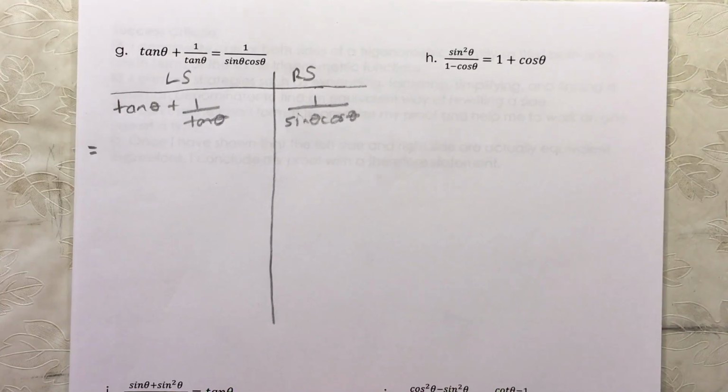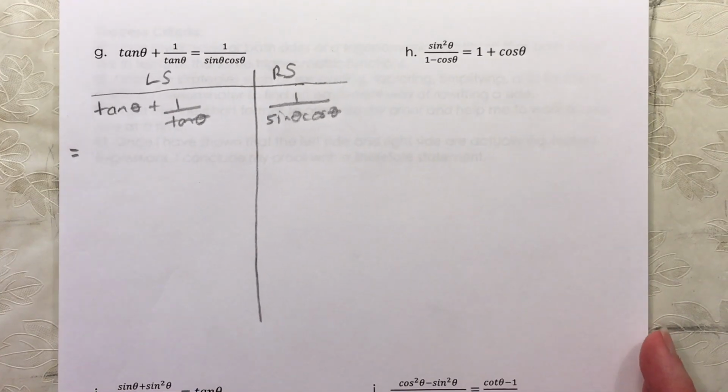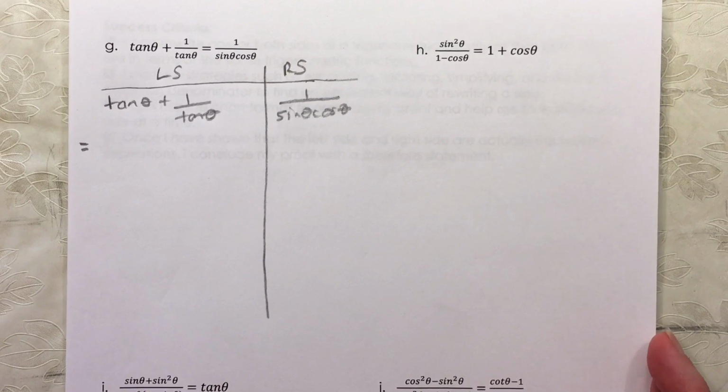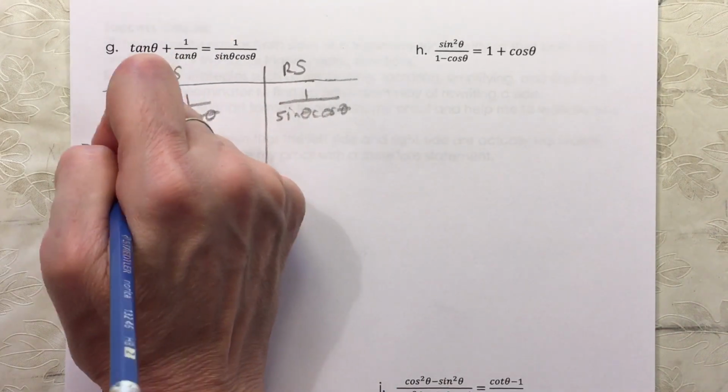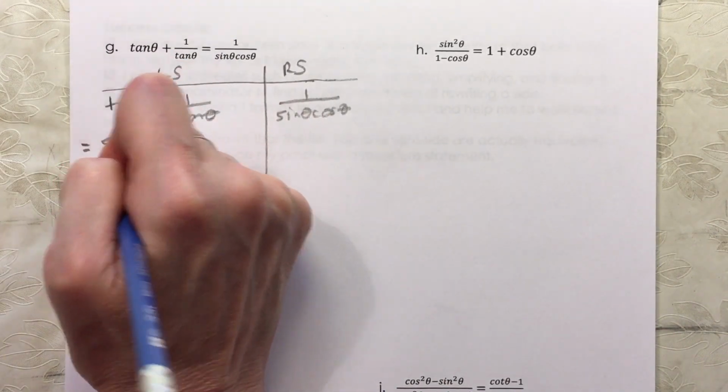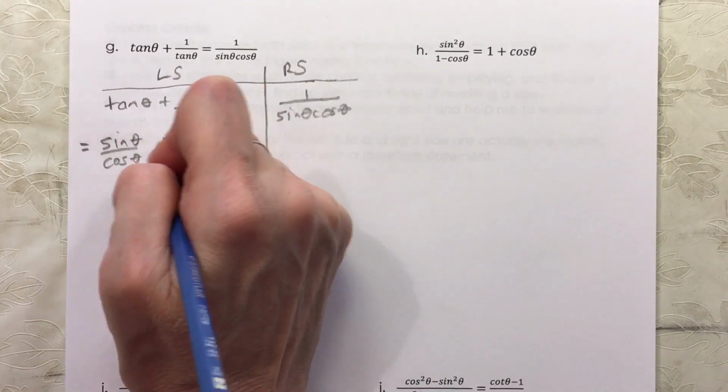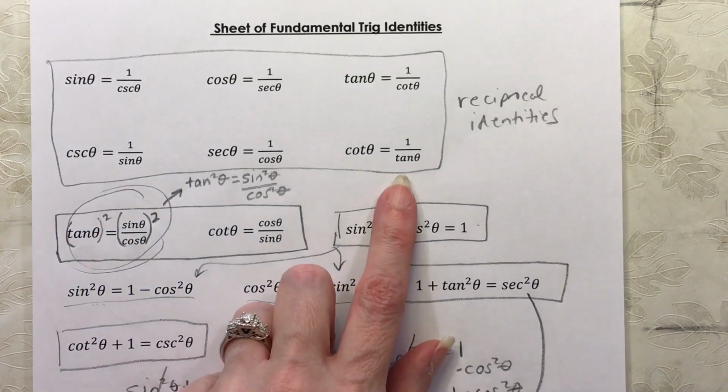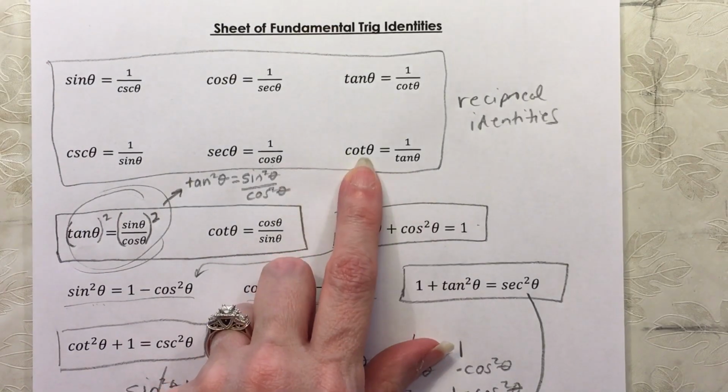And I know that I could rewrite tan theta as sine theta over cos theta. I know from my identity sheet that 1 over tan theta is the same as cotan theta.